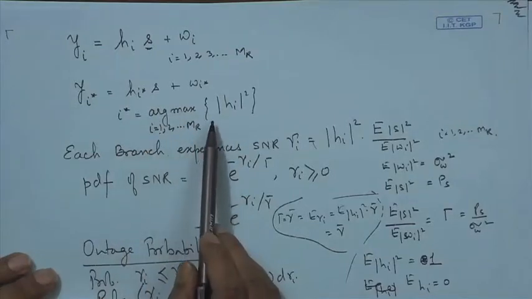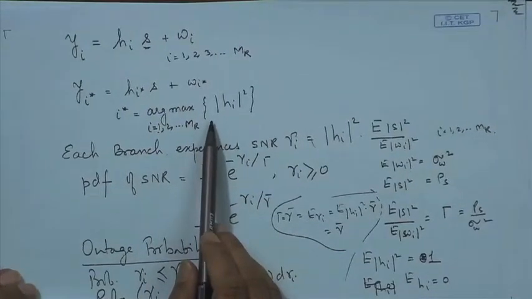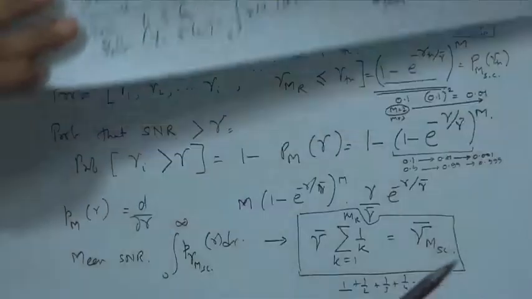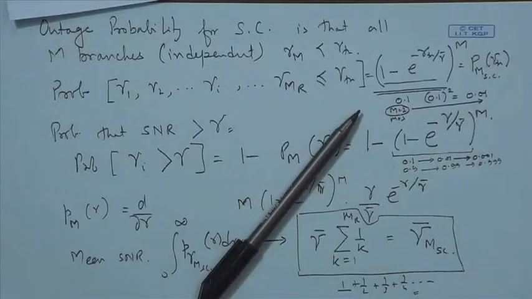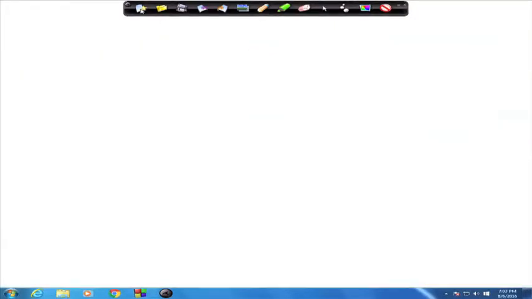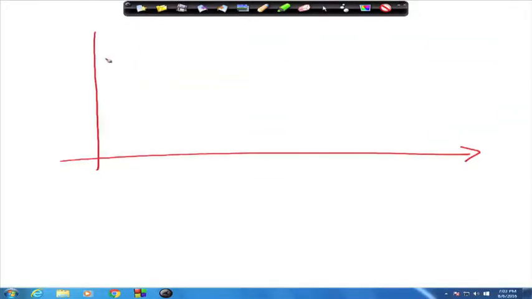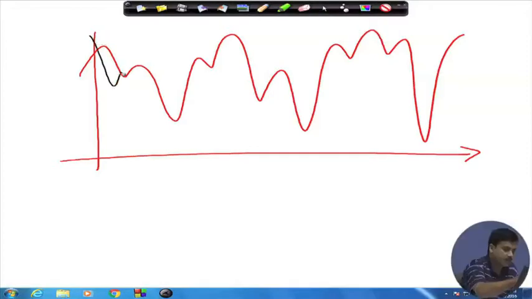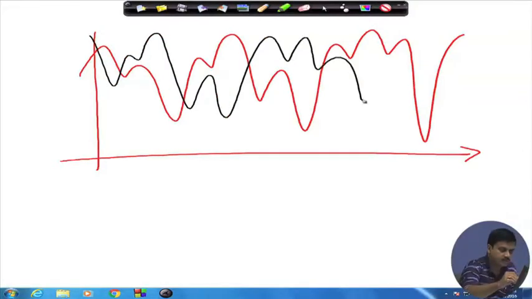So, there is a slight variation of the technique, known as switched beam combining. In that, if the received signal strength fluctuates, let us say like this, on one of the branches, we will take just 2 branches for simplicity. The second branch is, let us say, like this.